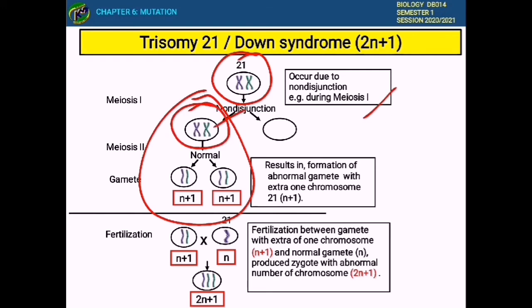So at the end of meiosis 2, both cells receive one extra chromosome, n plus 1, n plus 1. And if fertilization occurs, n plus 1 fertilized with n will give a 2n plus 1 zygote.